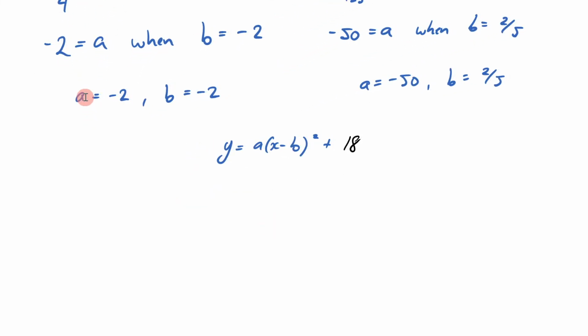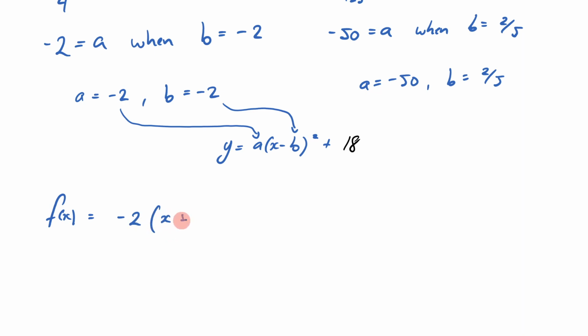And remember, the original question says we need to find what f of x is and what g of x is. Well, f of x is going to be, if I sub a into that spot and b into that spot, I'm going to end up with negative 2(x plus 2) squared plus 18. So that's one of them.